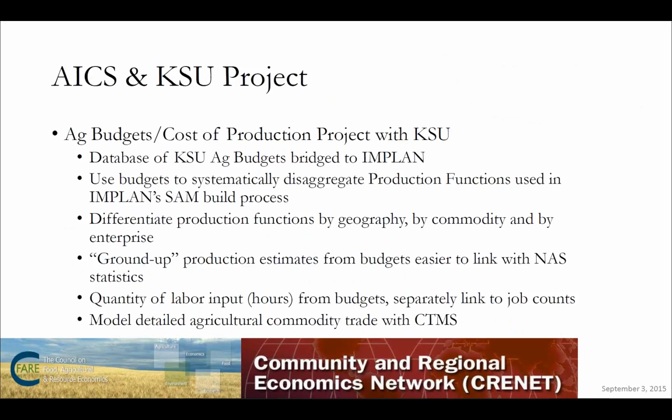And then also, with the detailed modeling with the budgets for the detailed agricultural commodities, since we're working on the commodity trade model system, I think we can apply the trade modeling system to the detailed commodities from the disaggregation as well.